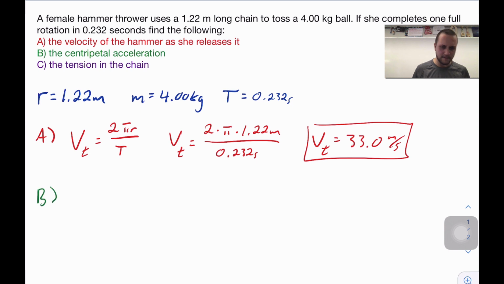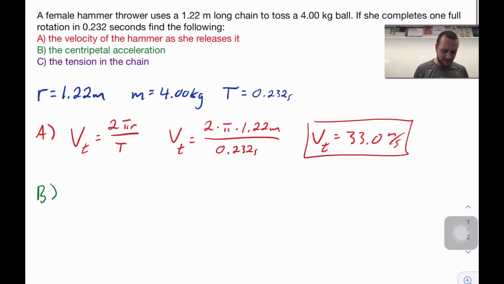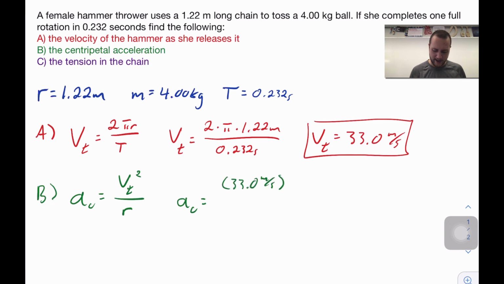Now for part B, the centripetal acceleration. So our centripetal acceleration formula, the one that I would advise using here, is the square of your tangential velocity divided by your radius, because we just found what that tangential velocity is. Now I'm going to record this on the screen as 3 sig figs. However, I'm going to use the full value from the calculator that I was given when I solved it out.